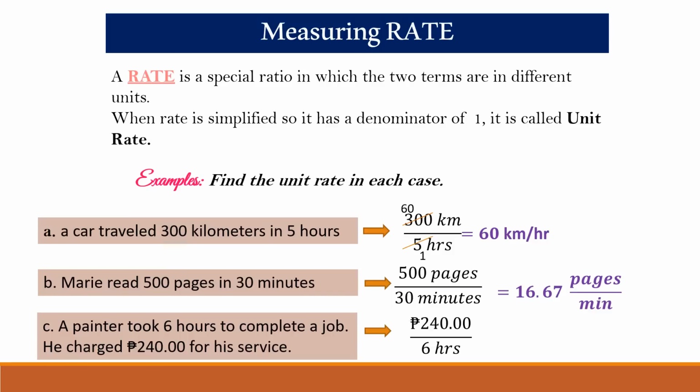So the amount he charged over the number of hours he took to complete the job. So we have 240 pesos divided by 6 hours. When we divide that, the result is 40 pesos per hour. It means that his service is 40 pesos per hour.